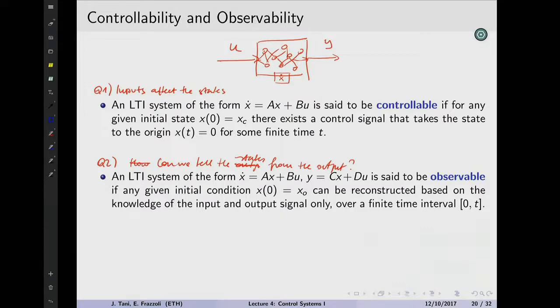Observability means, given any initial condition of the system, and suppose you're given a measurement of the output and the knowledge of the input, is it possible to reconstruct what the initial conditions of the system were by just looking at the output and just looking at the input? It depends. Sometimes yes, or sometimes no.